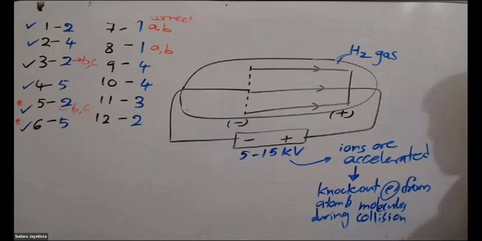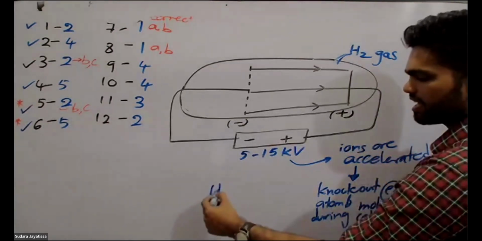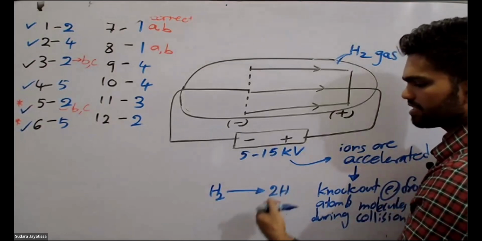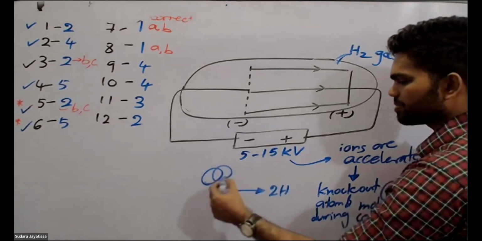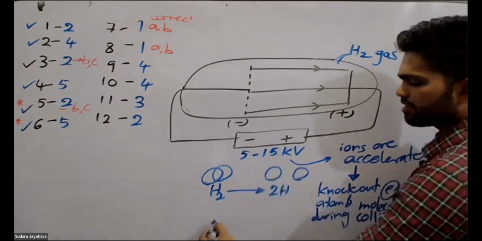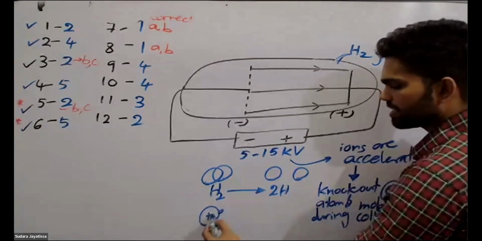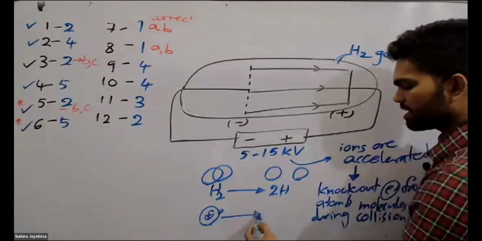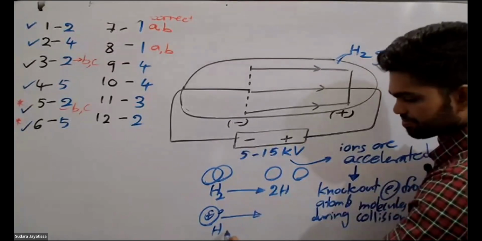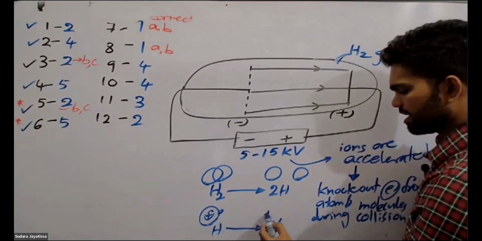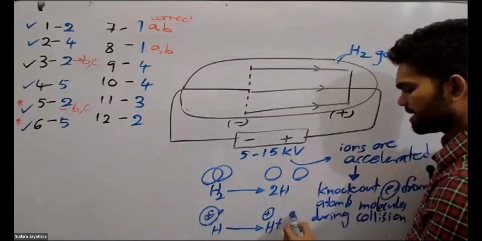Just remember the story. Let's say you have hydrogen gas. First it is broken into 2 hydrogen atoms. Then from the atom, there is a nucleus and an electron moving. By further collision, H also will be ionized to H plus, and the nucleus and electron are separated.